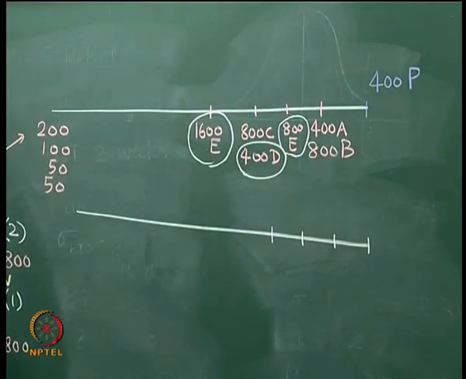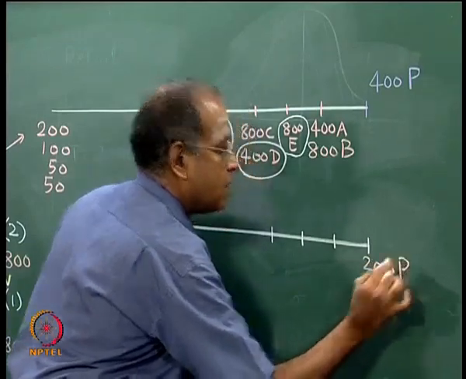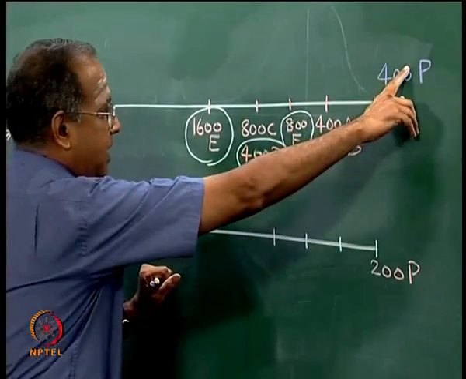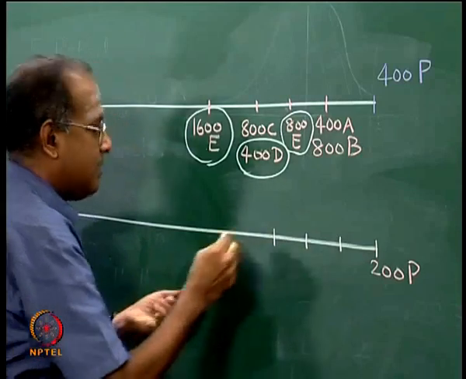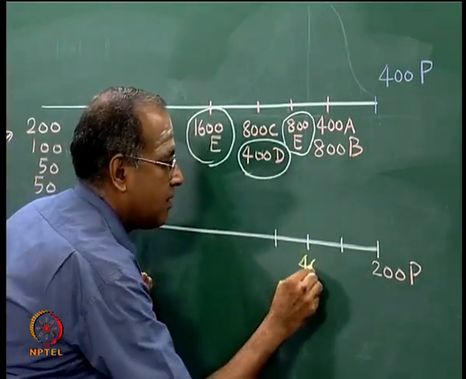So now, let us say I need 200 P here. If I need 400 P here, I need 800 E. So if I need 200 P here, I need 400 E here.